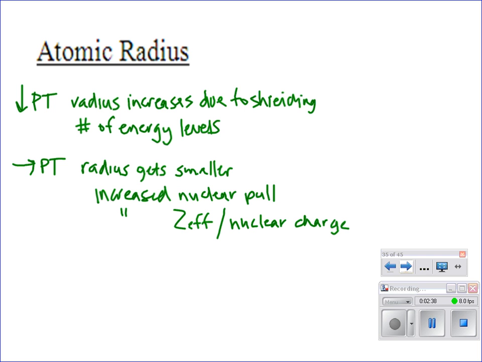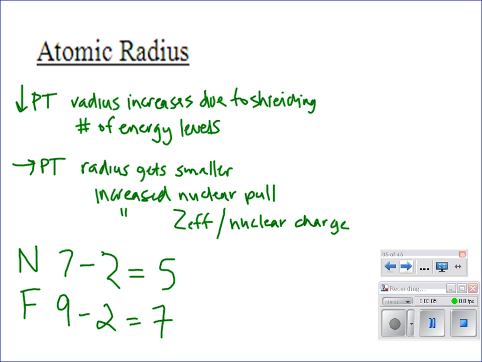An example of the use of Z effective calculations to prove a point: the equation from the previous slide said to find Z effective, you take the atomic number, so for nitrogen that would be 7, minus the number of core electrons, which is 2, so our Z effective is 5. Versus fluorine has an atomic number of 9, number of core electrons is 2, for a Z effective of 7.